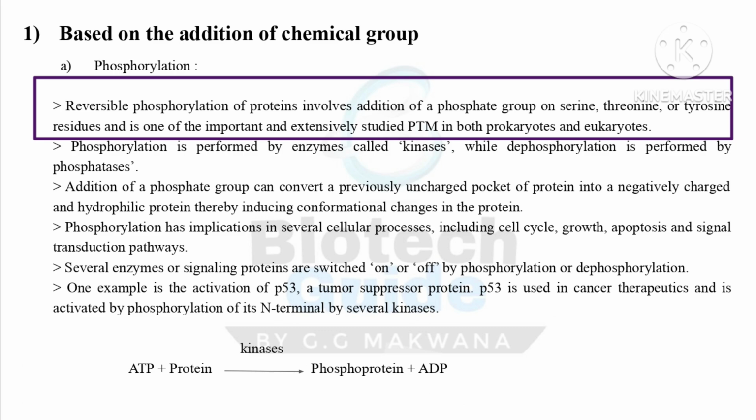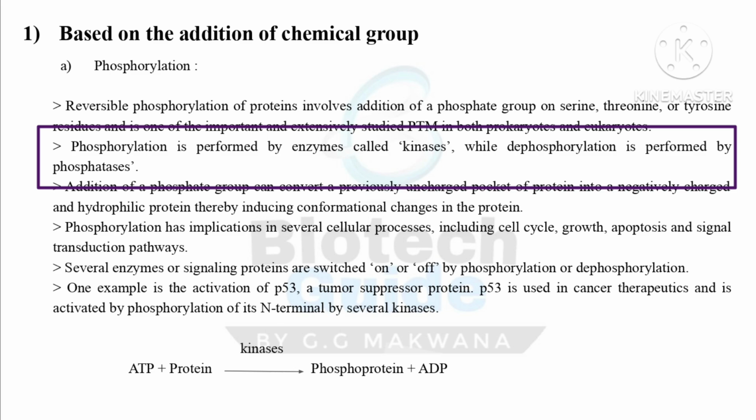One important point to memorize: we know protein is made up of amino acids, so any kind of modification happens on an amino acid residue. Then the second important point is which enzyme. Here 2 enzymes take part: kinase for phosphorylation and phosphatase for the dephosphorylation process.